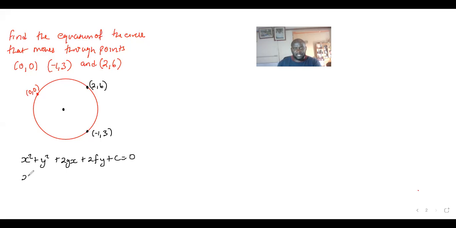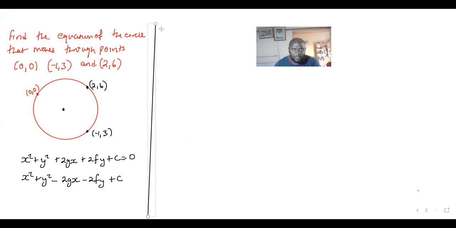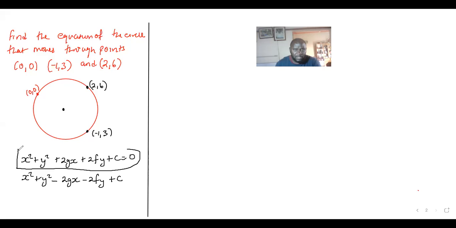Whereas one can use x squared plus y squared minus 2gx minus 2fy plus c if the values of g and f are positive. So which one would you like to use from now on? Let us stick to one all the time. The first one, okay. So everyone in this group should always use the first one as the equation of the circle. So we have concluded we are using this one all through.